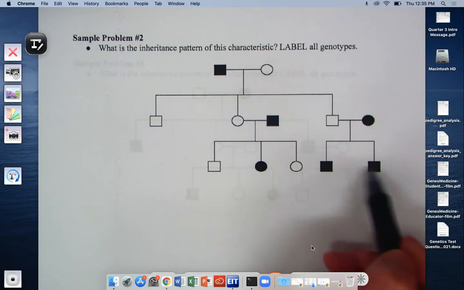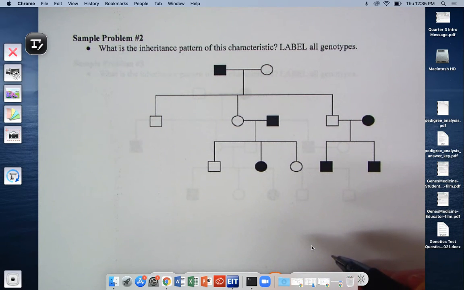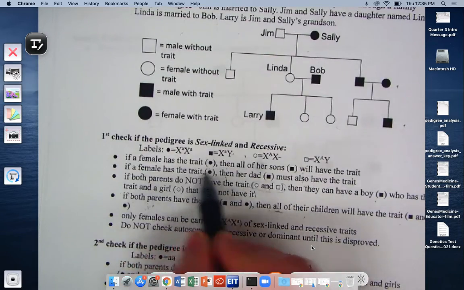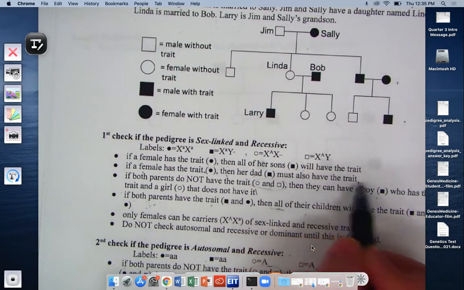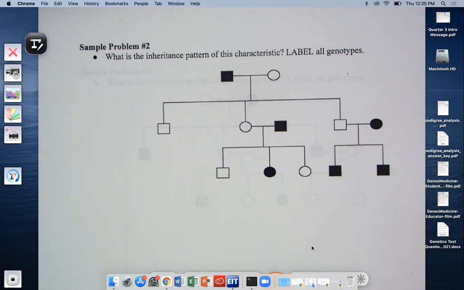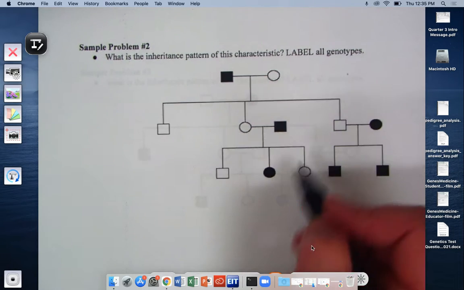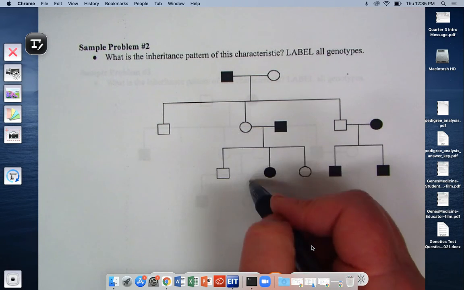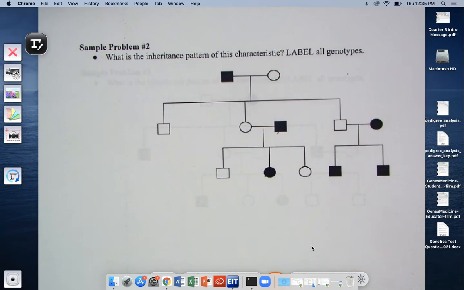Female has it, all her sons have it. Okay, we're good. If a female has the trait, then her dad must also have the trait. Female has it, we don't know her dad. Female has it, the dad does have it. Oh, okay. That's a yes, right?